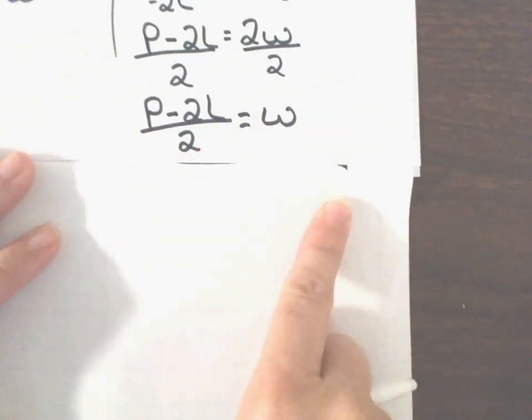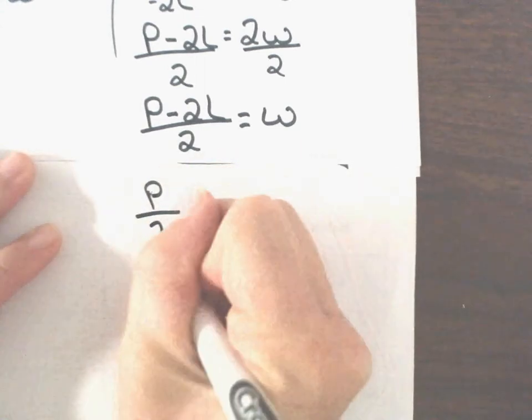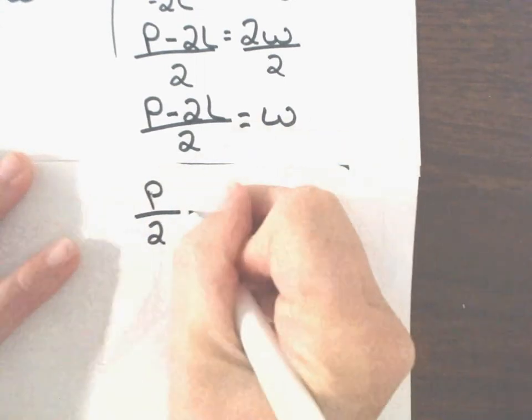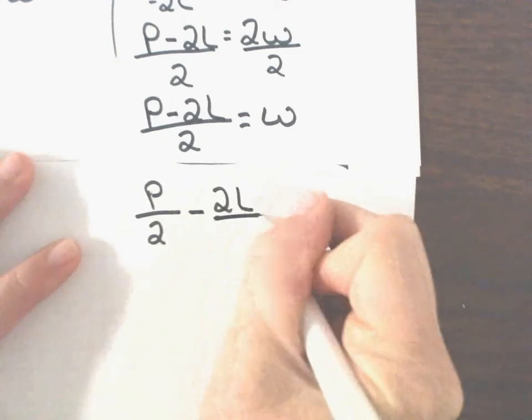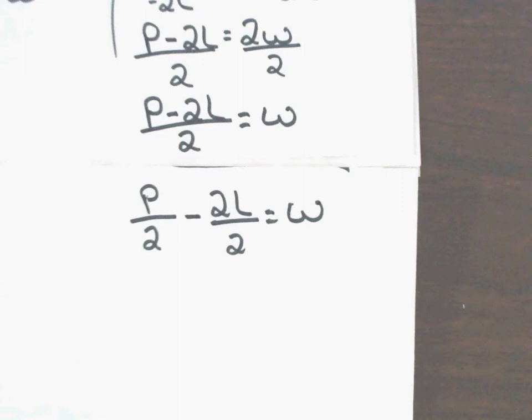Well, I know what you mean. You mean put the W on the left? Yeah, you can write it like that. But you can also write it like this: P divided by 2 minus 2L divided by 2 equals W. So instead of writing it as one fraction, it can be written as 2 separate fractions. That's an equivalent form.